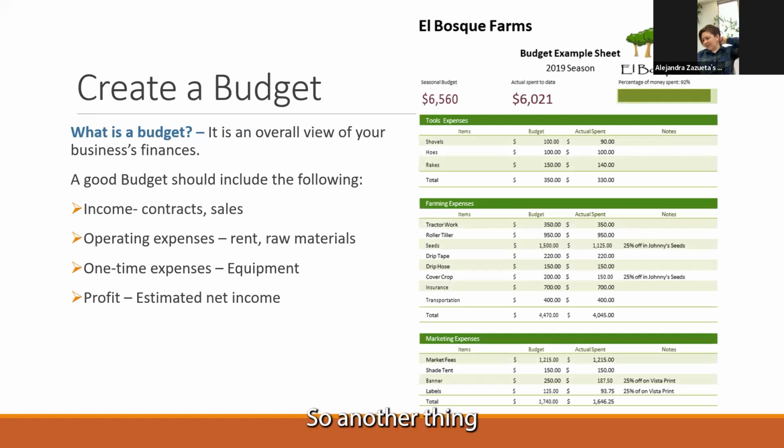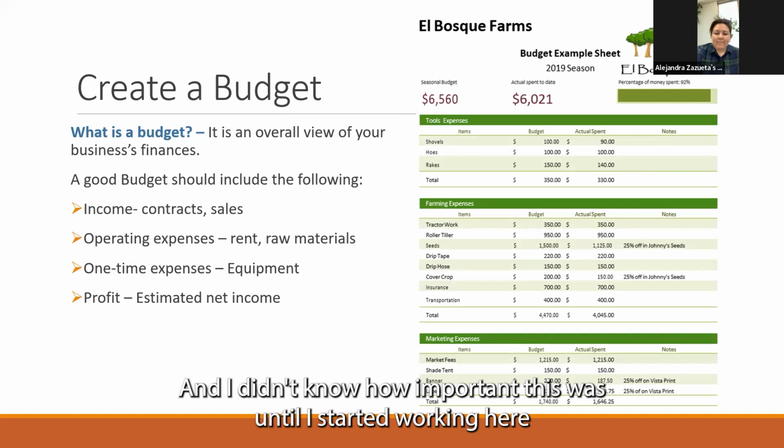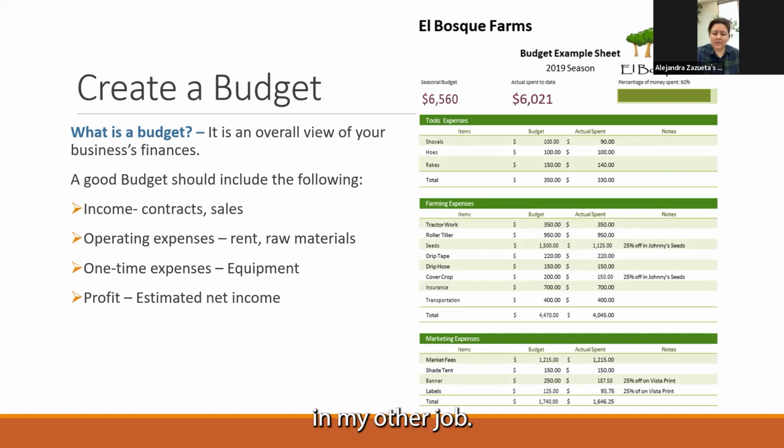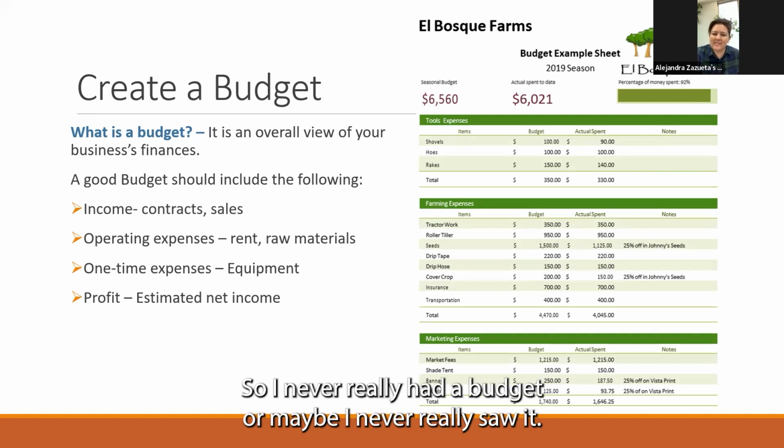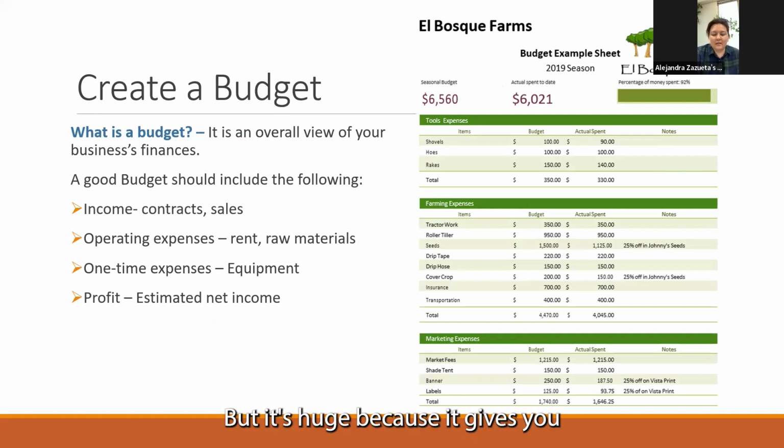Okay, so another thing that you should do as a new business owner is create a budget. And I didn't know how important this was until I started working here. In my other jobs, I never really had a budget, or maybe I never really saw it, but it's huge because it gives you an overall view of your business finances.